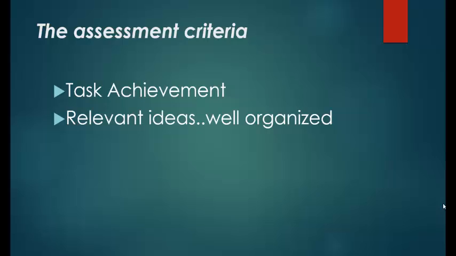And of course there have to be relevant ideas. So in task 2, for example, if you are asked to write about population, don't write about how people are different in their taste, for example. So it has to be relevant and it has to be well organized.